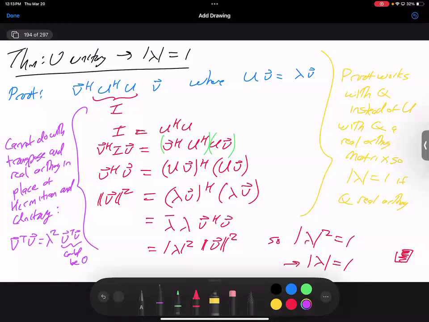So if V transpose V is not 0, then lambda equals 1 or minus 1. So yes, that would be true. But in general, we don't know that V transpose V is non-zero.